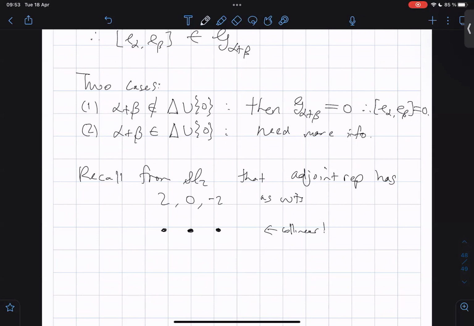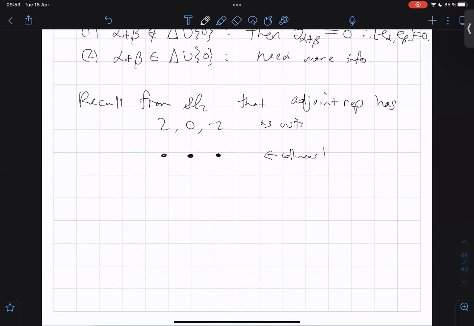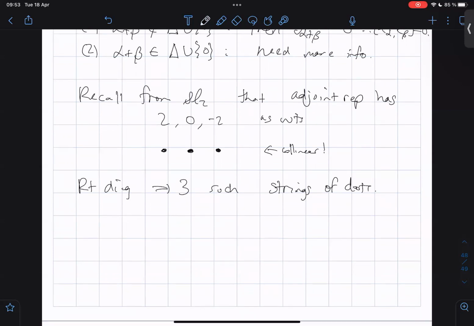So these are collinear. So the root diagram has 3 such strings of dots, and you have all these SL2 triples.